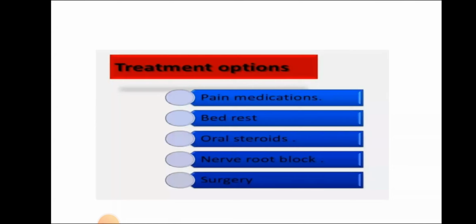The SLR test will be positive. Then the types: true ankylosing spondylitis and false ankylosing spondylitis, 2 types were told, and again true has fibrous and bony types. Then treatment: general measures, conservative therapy, and surgery were told.